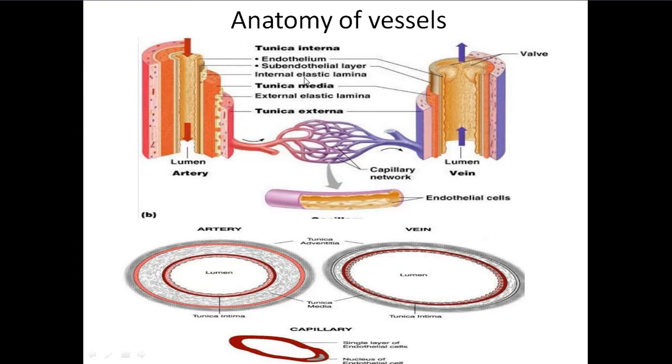Here you can see there are no elastic layers. There is endothelium, the subendothelial layer, and you get tunica media and tunica externa in the veins. Whereas in the arteries, there is an internal elastic lamina and external elastic lamina. This is an important point.